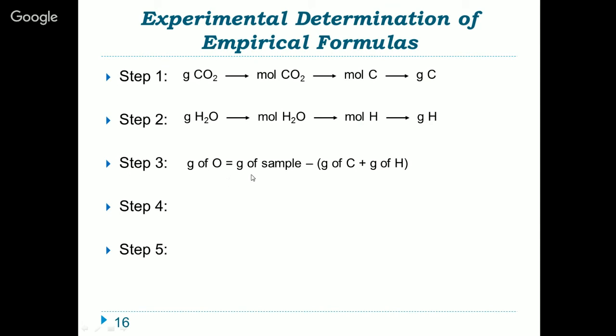The way to do that is to look at your initial mass of your sample and then simply subtract your total mass that came out from carbon and hydrogen. So now we have grams of oxygen, which then we can convert into moles of oxygen. How do we do that? Divide by the molar mass.